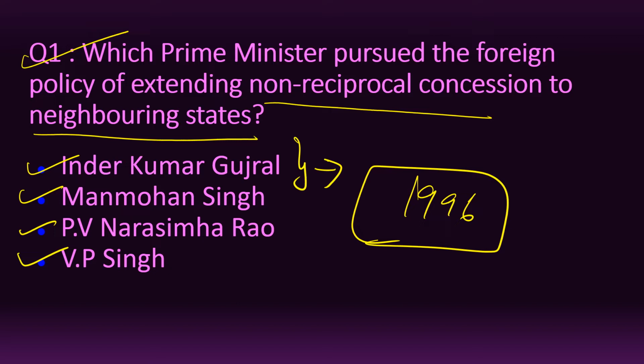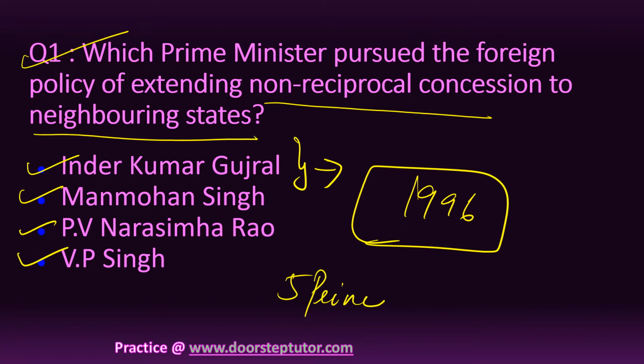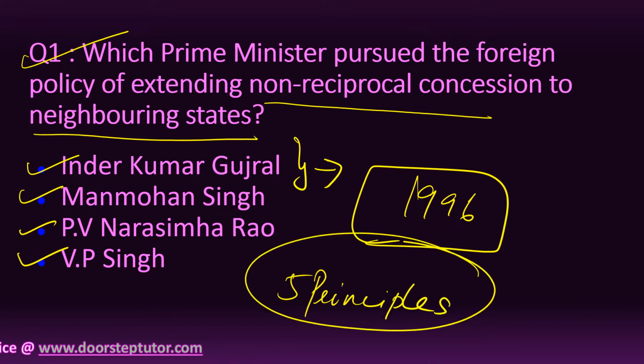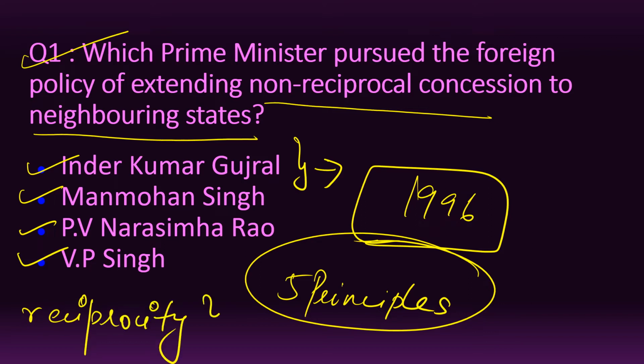It was based on 5 principles: with neighboring states such as Bhutan, Bangladesh, Nepal, Maldives, and Sri Lanka, India does not seek reciprocity, but offers and accommodates what it can in good faith and trust. The correct answer is Inder Kumar Gujral, not Manmohan Singh, not PV Narasimha Rao, nor VP Singh. So the correct answer is option number 1.